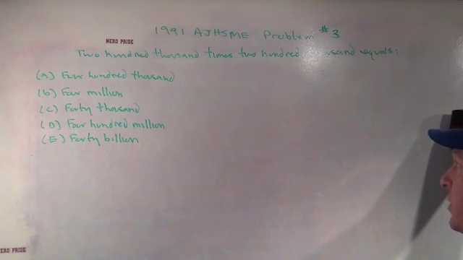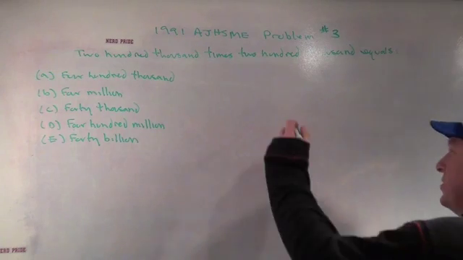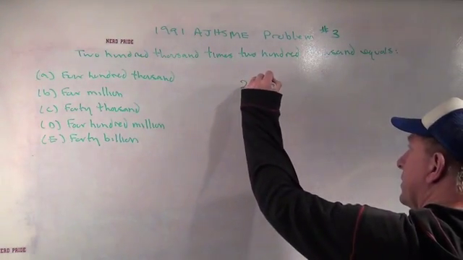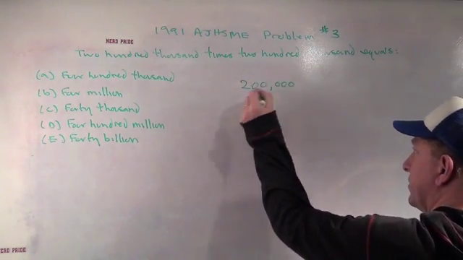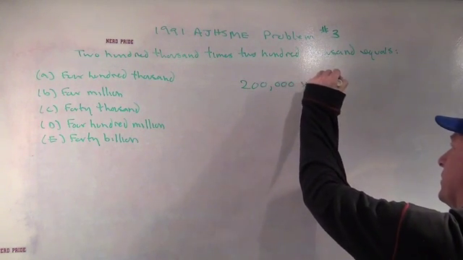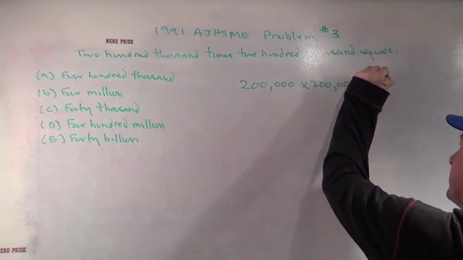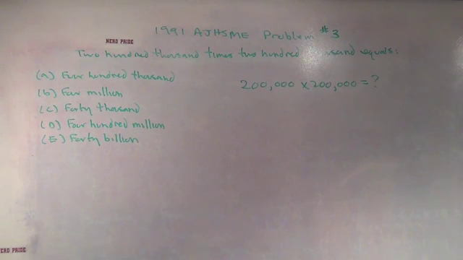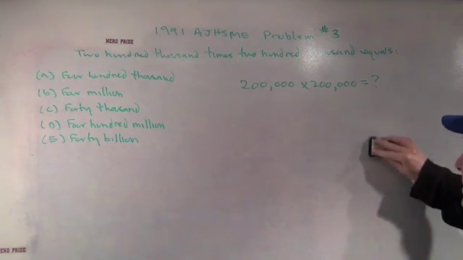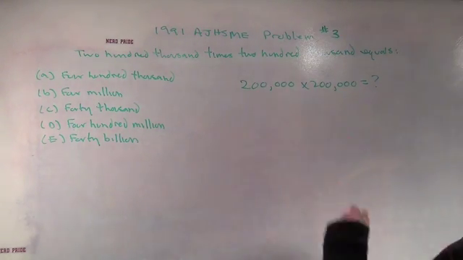Well, first we need to know what 200,000 is. Well, 200,000 is just 200,000, like that. 200,000 times 200,000. And we have to figure out what this equals. Well, we remember that anytime we multiply by 10, we just add a 0.